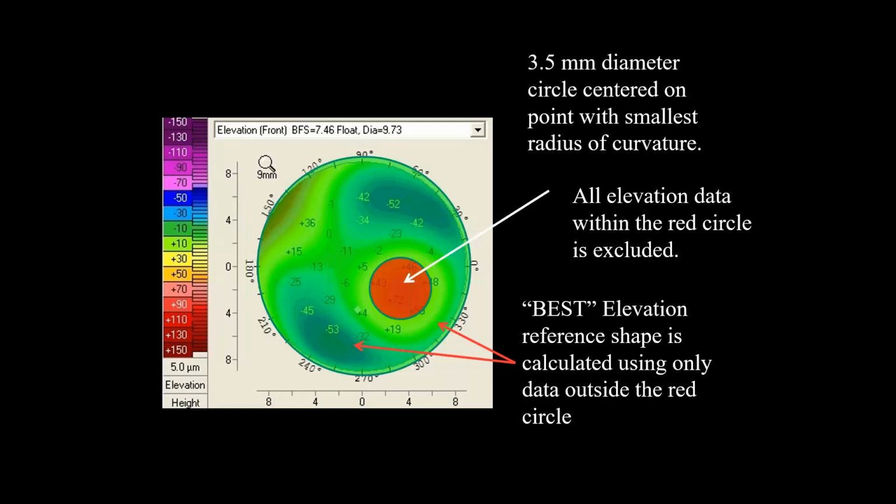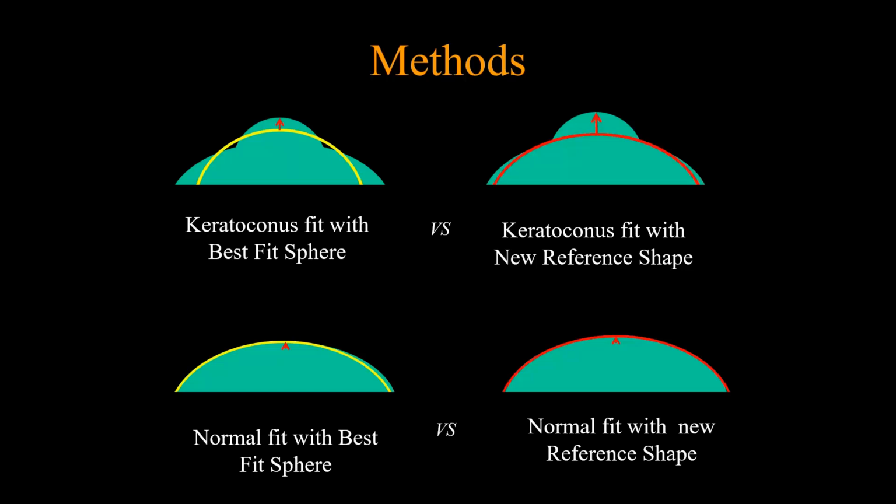What we do with the enhanced reference surface is we exclude that area in red. So again, in this example, we're excluding a 3.5mm optical zone surrounding the thinnest point of the cornea, but we're looking at all the other data. That effectively removes the bulk of the ectatic region and normalizes the reference surface.